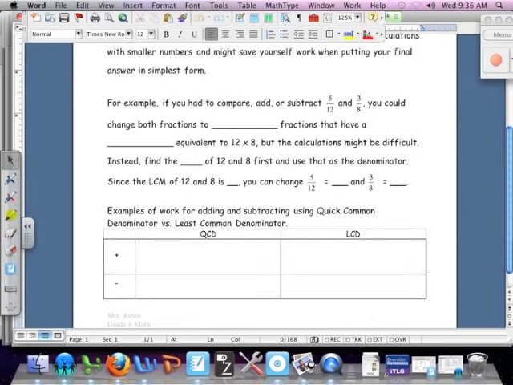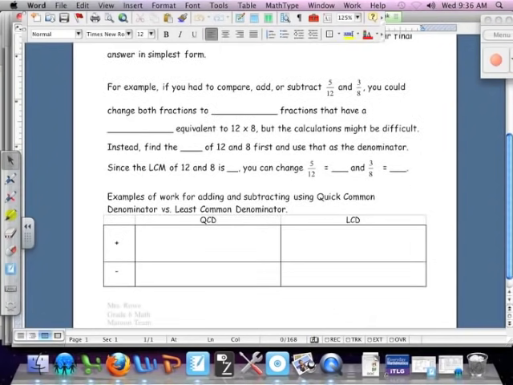So if we needed to compare, add, or subtract 5/12 and 3/8, we could change both fractions to have equivalent fractions with a denominator equivalent to 12 times 8, but the calculations might end up being difficult.